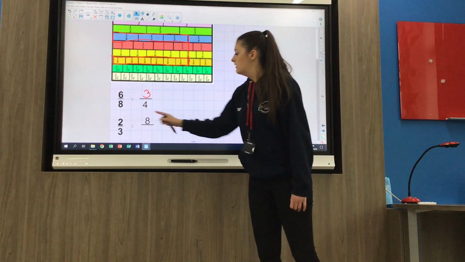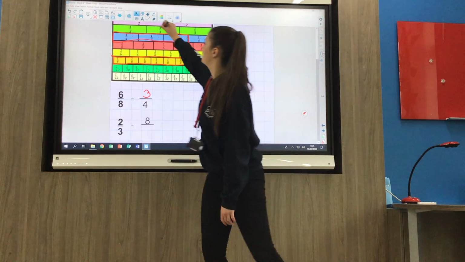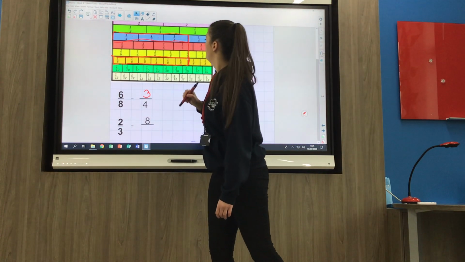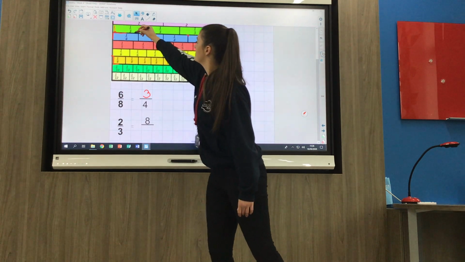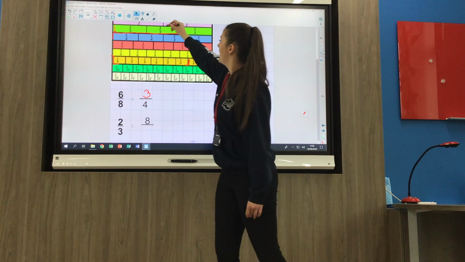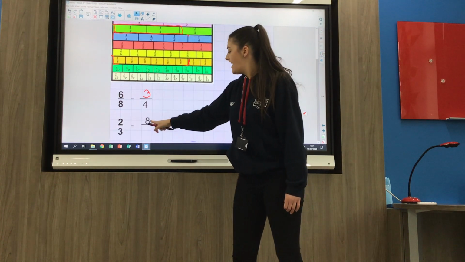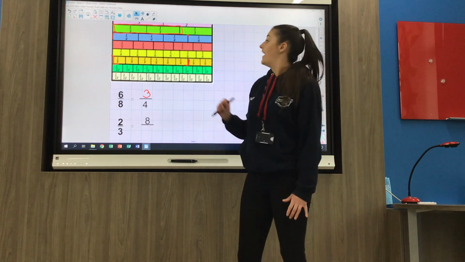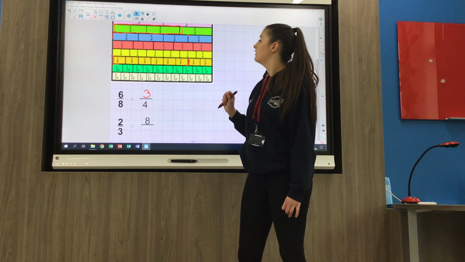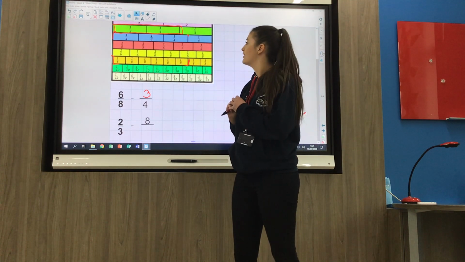Last one then. So I've got 2/3, so I'm going to find 2/3. So there's the third. I want 1, 2 of them, and I've started from the end. Is equivalent to 8 something. So I don't know the denominator, but I can look on my fraction wall for how many 8s fit into 2/3.